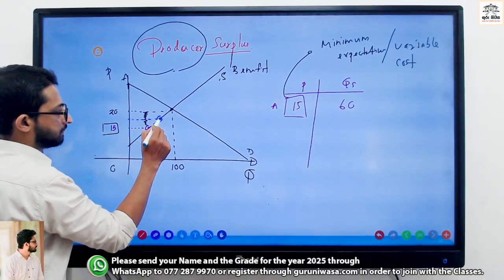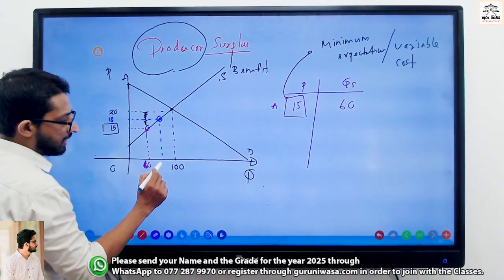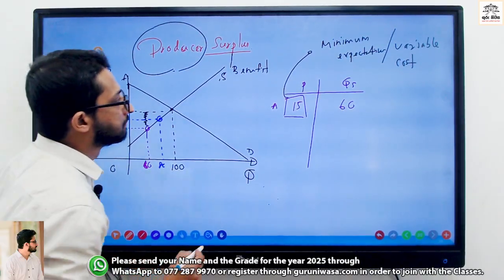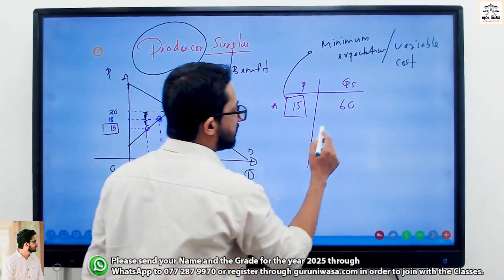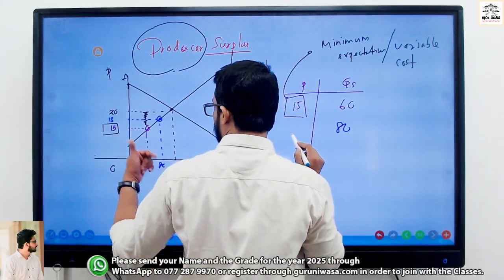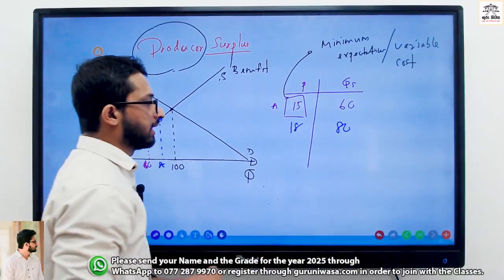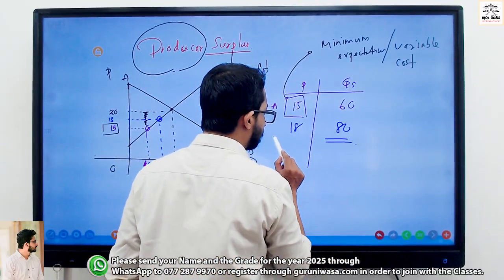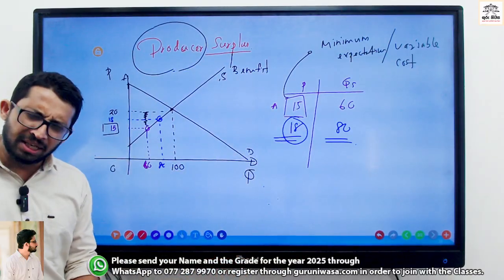Assume here the price is 18 rupees and the quantity is 80 units. What does this point mean? Producers are willing to supply 80 units at a price of 18.